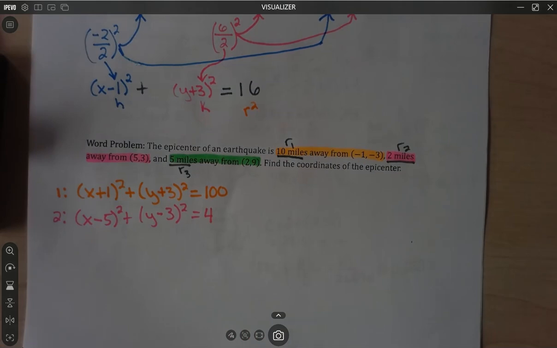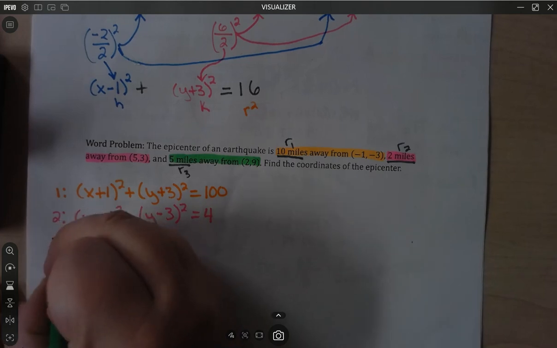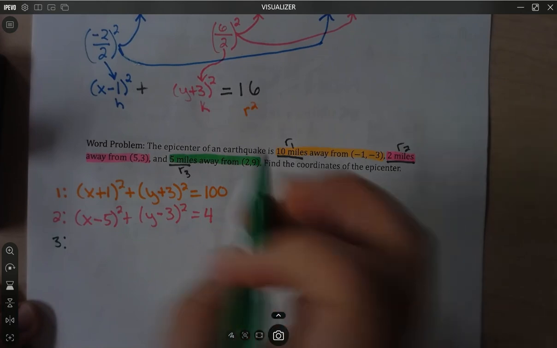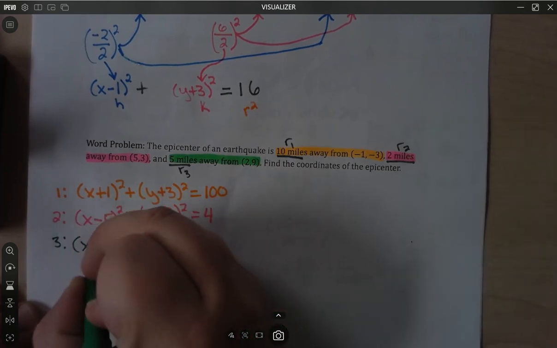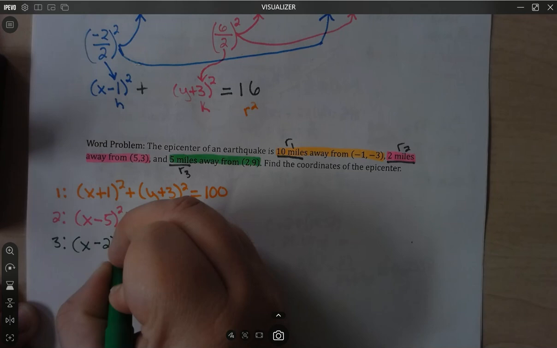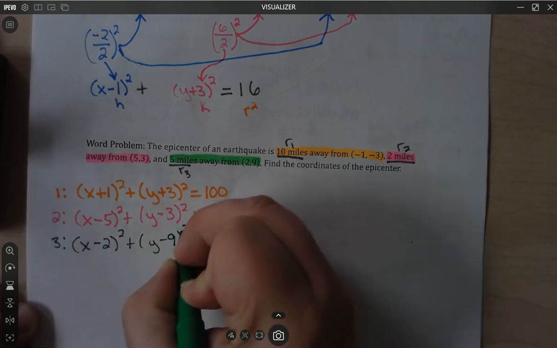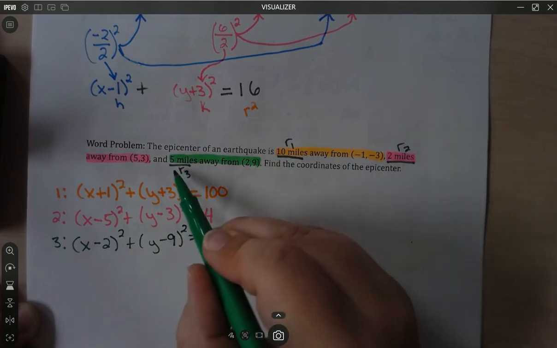And then the last one that they gave us here, third circle, were 2, 9. So x minus 2 squared plus y minus 9 squared, and our radius is 5.